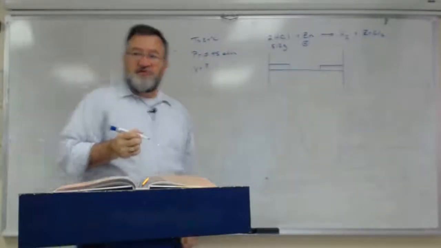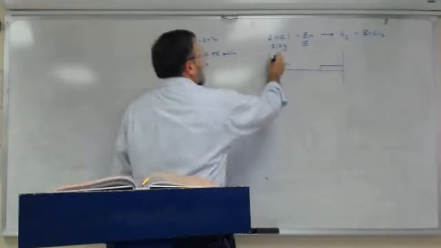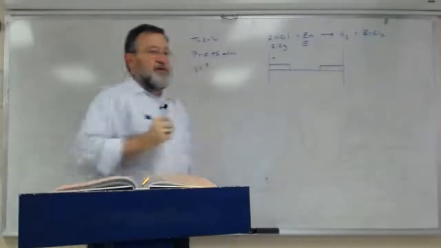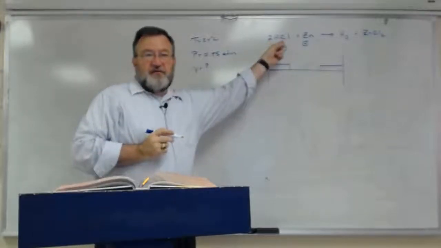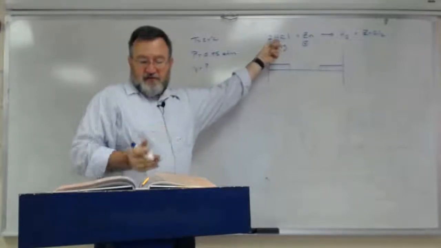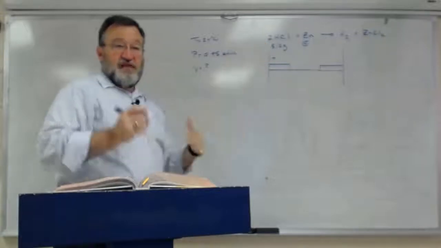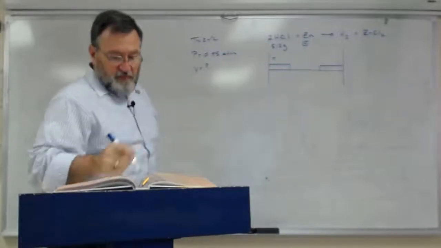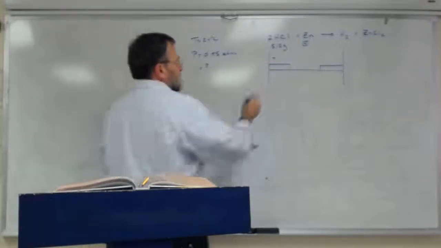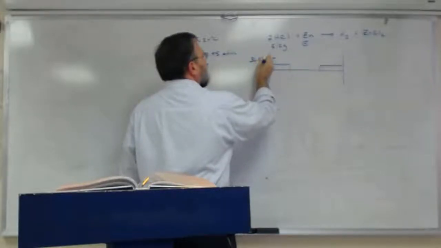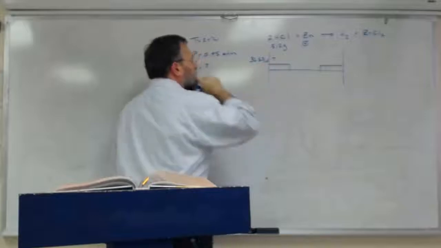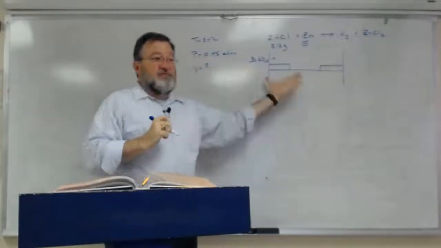The operation is division by what? Molar mass. The molar mass of what? Hydrochloric acid. The molar mass of hydrochloric acid, the book gives me 36.5. It should give you too, right in example 11.6. So 36.5 grams per mole. When I divide grams by grams per mole, it gives me moles.